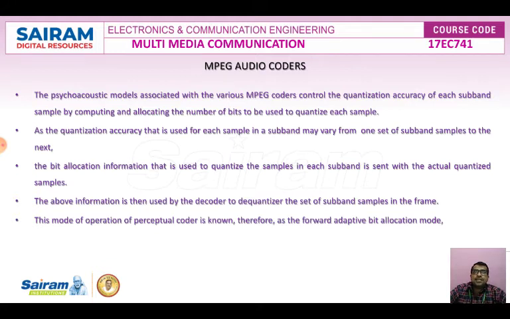The bit allocation information, which is used to quantize the samples in each subband, is sent with the actual quantized samples. So everything will be done by the decoder or dequantizer of the subband samples. The mode of operation of the perceptual coder is also known. It is called the forward adaptive bit allocation mode.